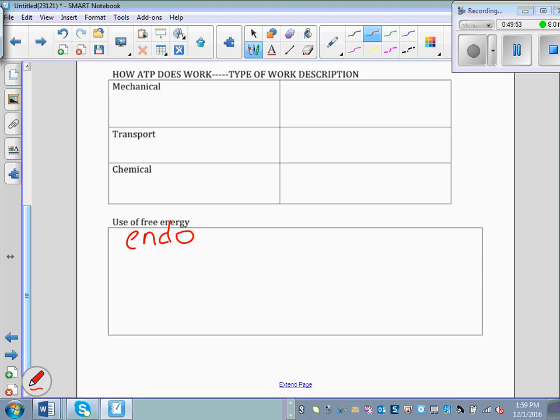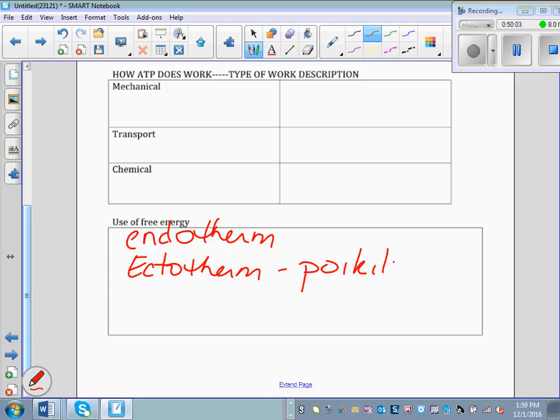Endotherms versus ectotherms. Ectotherm really is not a good term for it. It should be called poikilothermic. Ectothermic just means the temperature is the same as the environment. It's not really. Poikilothermic means they can't moderate their body temperature.